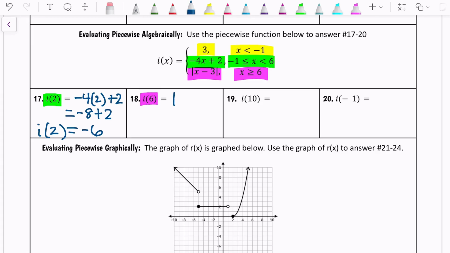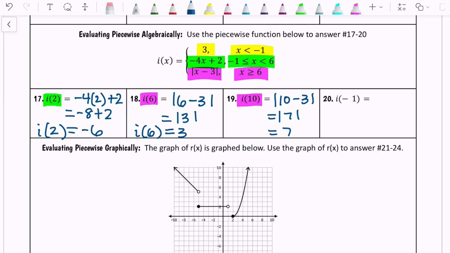So I'm plugging into the absolute value of x minus 3. So 6 minus 3 is 3, and the absolute value of 3 is 3. Next, I want I of 10. 10 is greater than or equal to 6, so I'm using that bottom rule again. 10 take away 3 gives me the absolute value of 7, which is just 7.